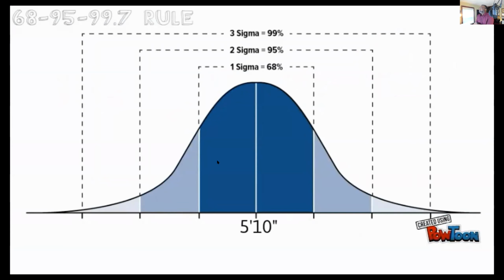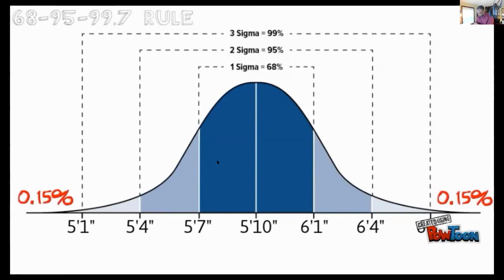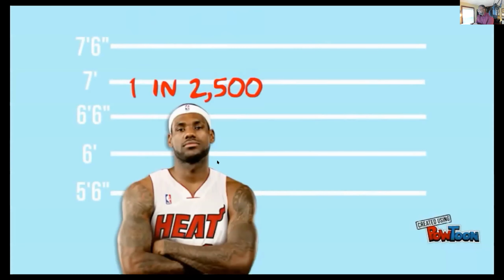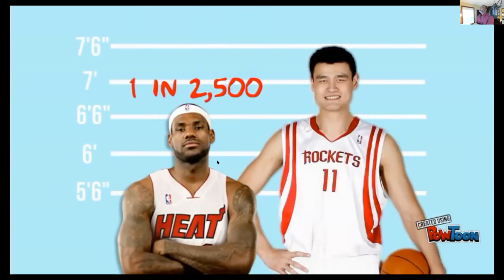Using the 68, 95, 99.7 rule, this means that 68% of American men are 5'10", plus or minus 3 inches. 95% of American men are 5'10", plus or minus 6 inches, and 99.7% of American men are 5'10", plus or minus 9 inches. So this means only about 0.3% of American men deviate more than 9 inches from the average, with 0.15% taller than 6'7" and 0.15% shorter than 5'1". This reasoning suggests that LeBron James is 1 in 2,500 and Yao Ming is 1 in 450 million.